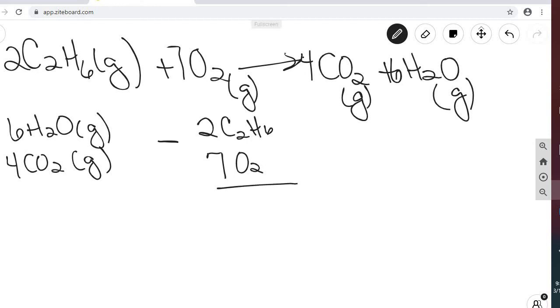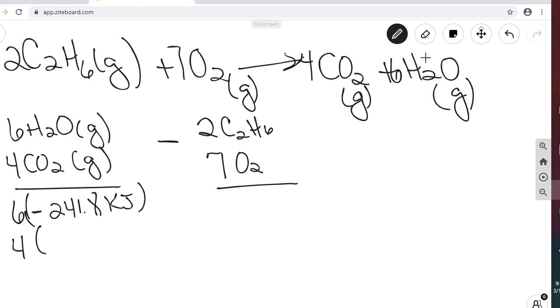Okay, so 6 waters as a gas. If we look at our chart, it's negative 241.8. So 6 times negative 241.8 kilojoules. And then 4 CO2s, also in the form of a gas. So it's negative 393.5.